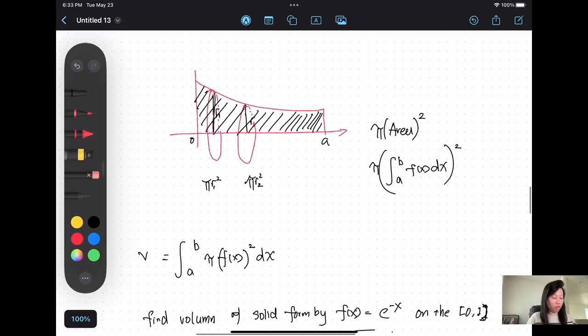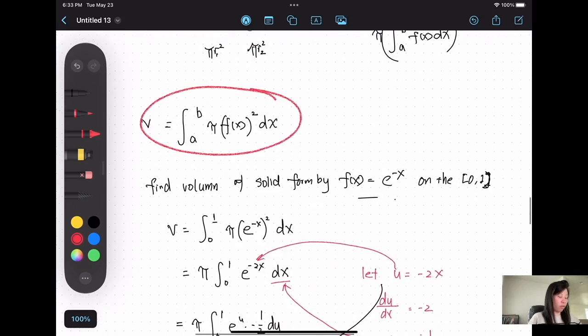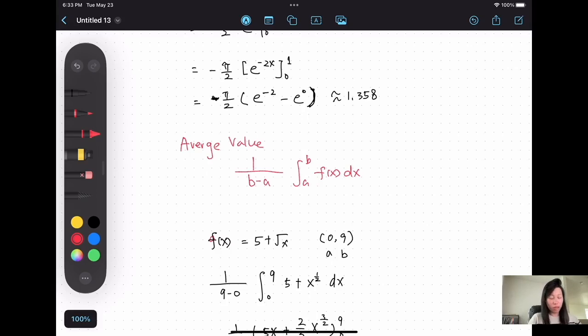So our volume formula is V equals the integral from a to b of pi times r squared, where r is the radius of the cross-section. And the last part is the average value: the average value from a to b is the integral times 1 over the distance from a to b.